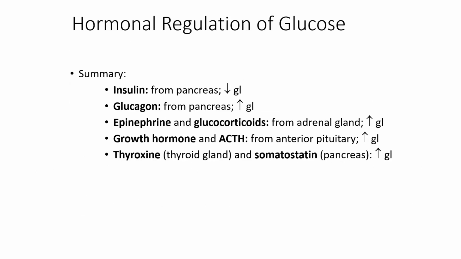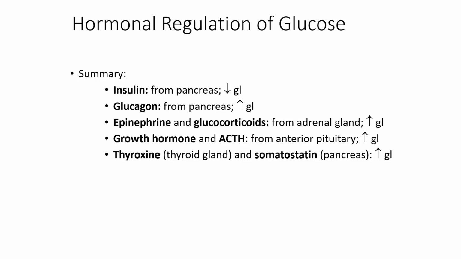A summary of hormonal regulation of glucose is present here. So you can see insulin from the pancreas causes decreased glucose levels because it causes the cells to uptake more glucose. Glucagon from the pancreas causes an increase in glucose. Glucagon primarily targets glycogen stores in the liver and causes glycogen to be broken down, releasing that glucose into the blood, and that increases the blood glucose levels.